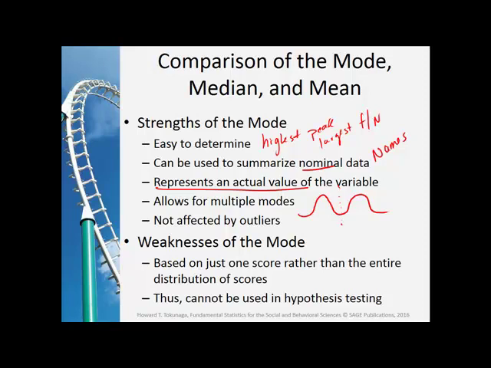The mean and the median are going to be in the middle. Because with the mean, we know that half of the values will be to the left and half of the values will be to the right. And with the median, we know that 50% of the observations will be on one side and 50% of the observations will be on the other side. So imagine if we had two symmetrical bimodal humps in our distribution.